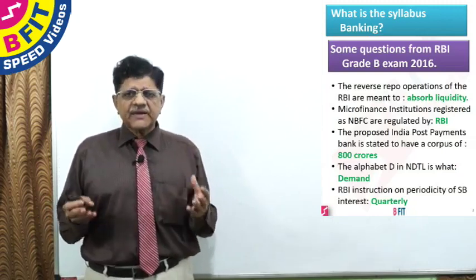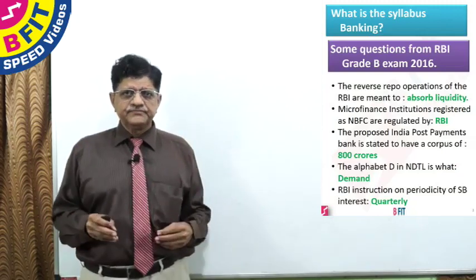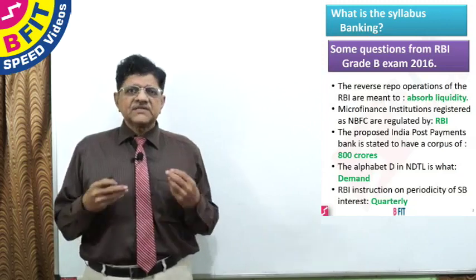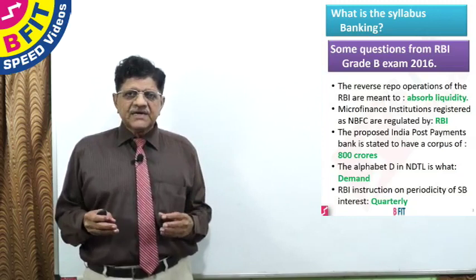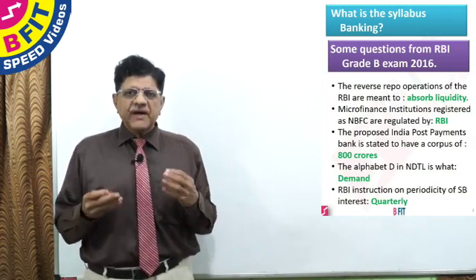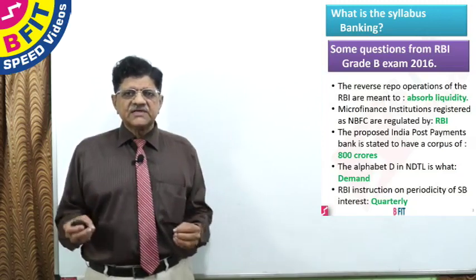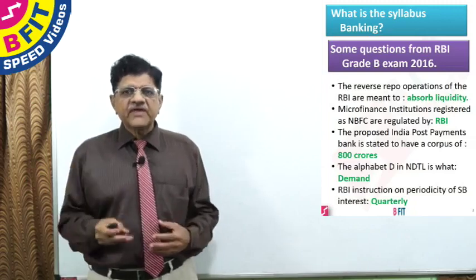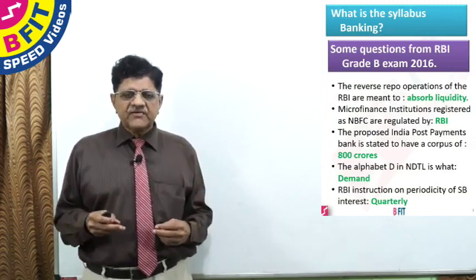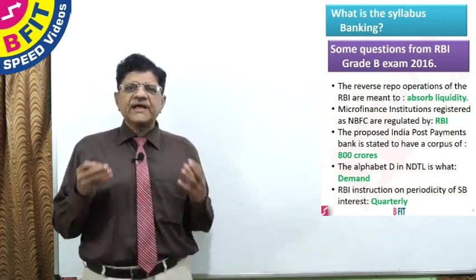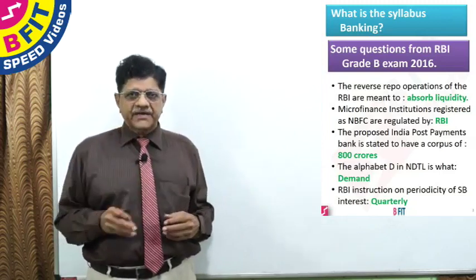This has been the standard practice for so many years. Now suddenly Reserve Bank has changed it to quarterly payment. This means that people who are keeping their monies in savings bank will get interest every quarter instead of half yearly. So this is a recent guideline of Reserve Bank of India, and therefore the correct answer is quarterly.